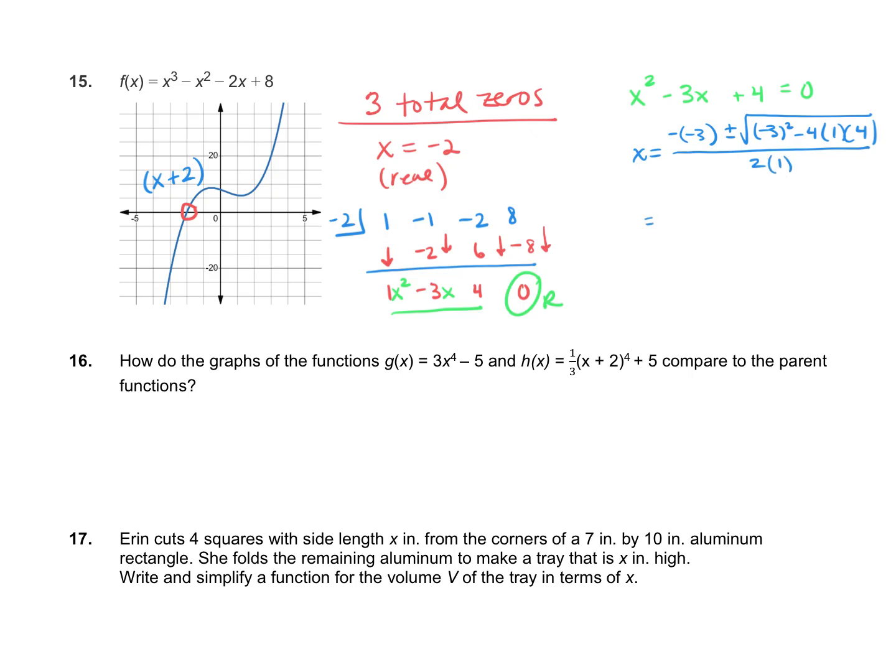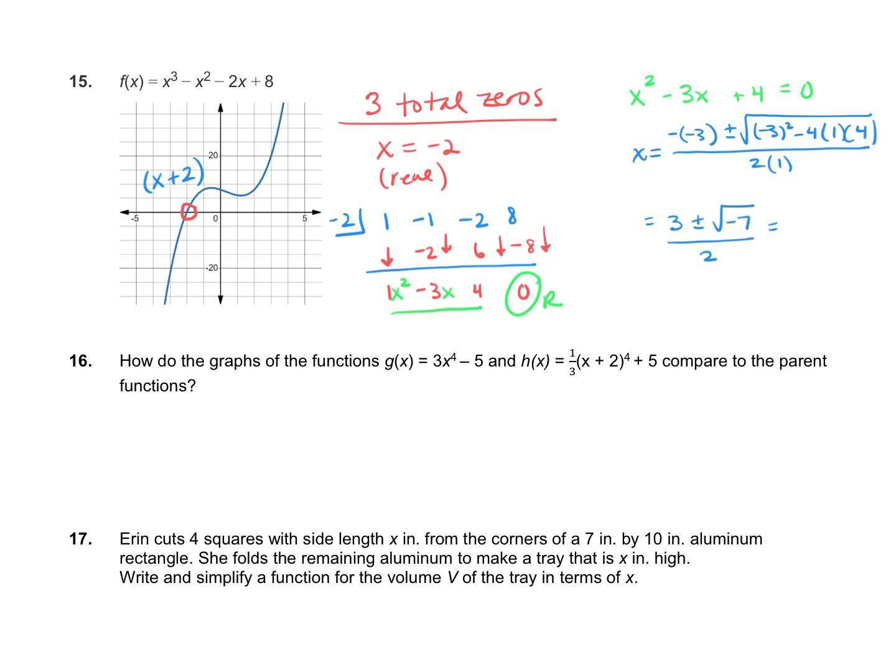So when we simplify this, this is a +3 plus or minus the square root of... let's get this down to a single number. When you use your calculator, you have to use those parentheses. (-3) squared is a +9. We end up with 9 minus 16. 9 minus 16 is -7, all over 2.